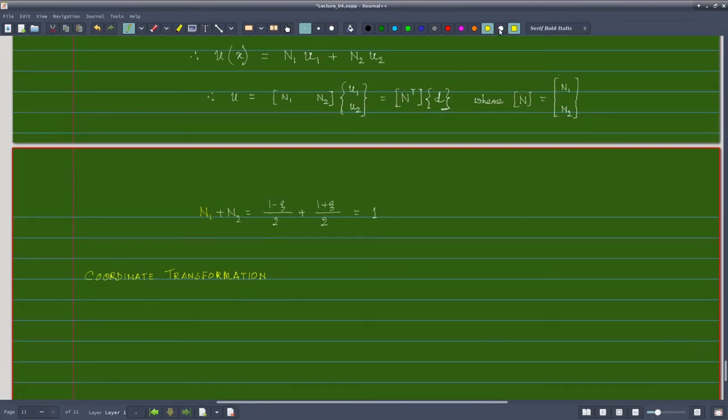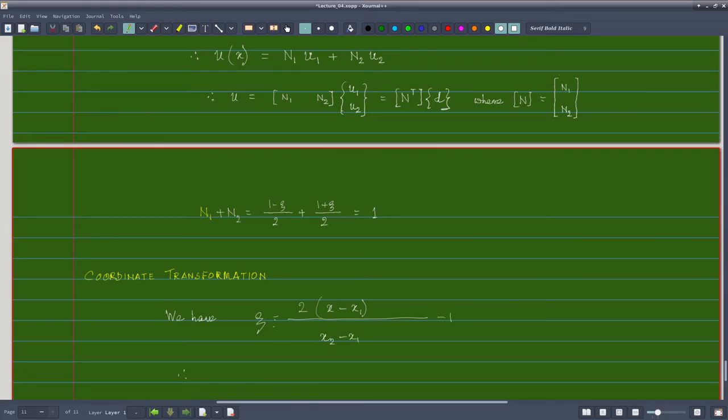So we have xi equal to, what was the value? Twice (x minus x1) by (x2 minus x1) minus 1.